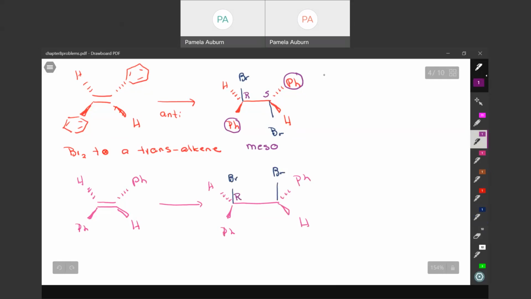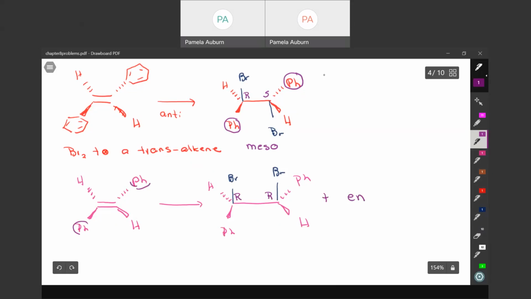And here, it's now also R. So if I do syn addition to a trans alkene, where again, I've got the same substituents here and here, I'm going to get a pair of enantiomers. So I would also get the other enantiomer. So let's just put plus enantiomer.